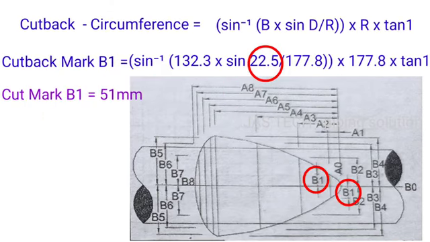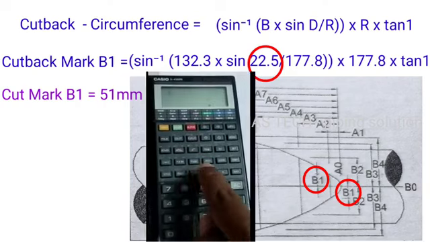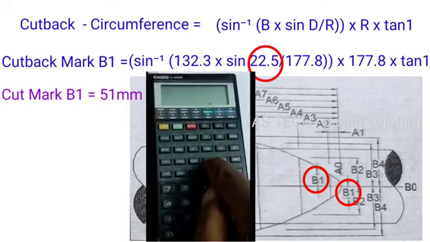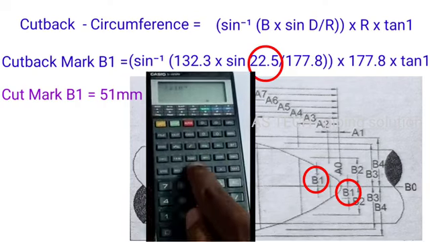Our lateral T header marking circumference formula: bracket open sin inverse bracket open B into sin D divided by R bracket close, double bracket close, into R into tan Y. Here already we solved all the values.